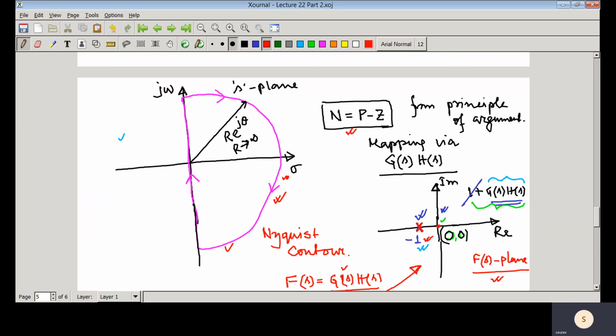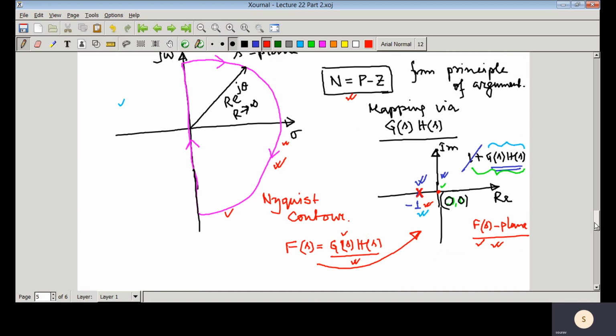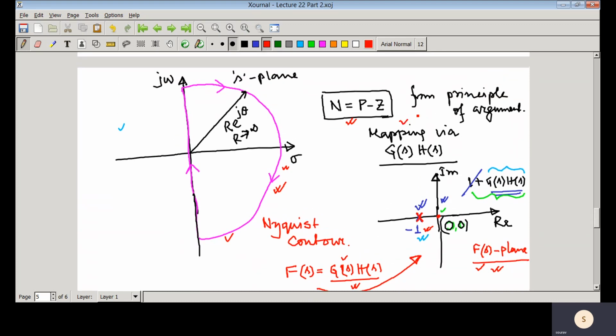In the next class we will be studying how this particular contour is mapped in the Fs plane, where the Fs plane is the G of S H of S plane, or GH plane. So in that GH plane, what would that contour be? First is how to map it, and second is what the Nyquist stability criterion would be. The Nyquist stability criterion basically comes from this principle of argument. Thank you.